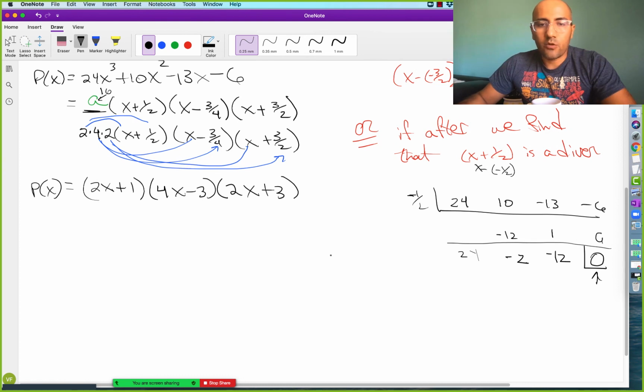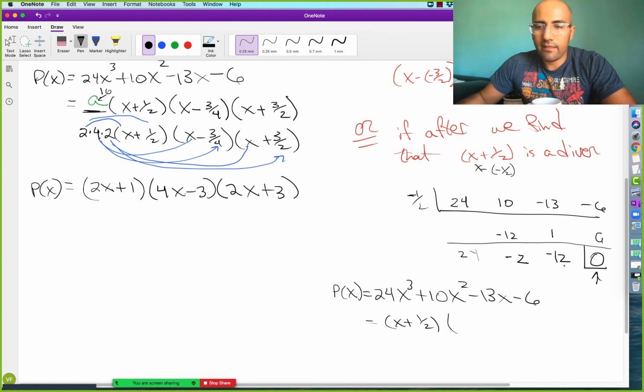So from here, we've established that our polynomial, p of x equal to 24x to the third power plus 10x squared minus 13x minus 6 is really equal to x plus 1/2 times, and then this is the resulting quadratic with these coefficients, 24x squared minus 2x minus 12.